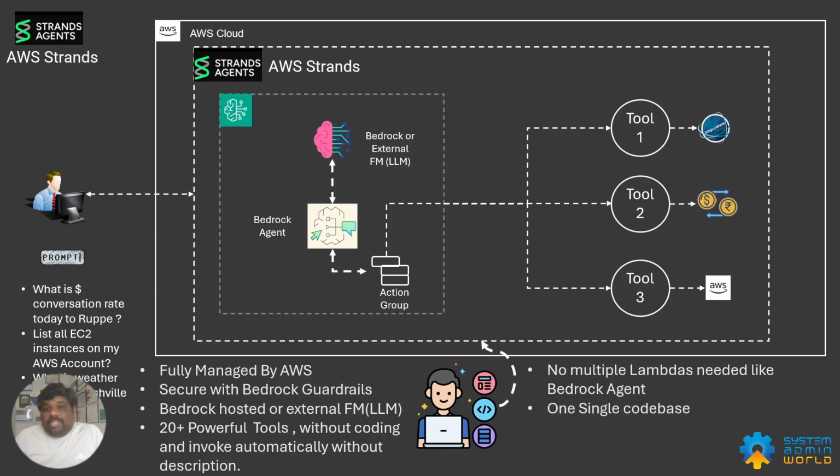For example, to ensure security and manage user identities, you would need to use a service like AWS IAM or Cognito. Similarly, for observability and monitoring, you would have to manually set up CloudWatch and distributed tracing with AWS X-Ray.